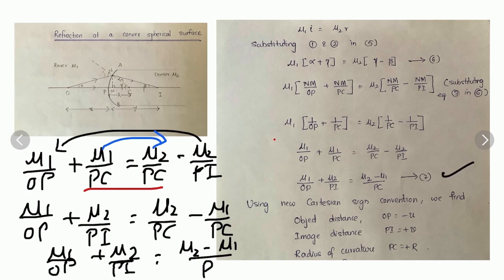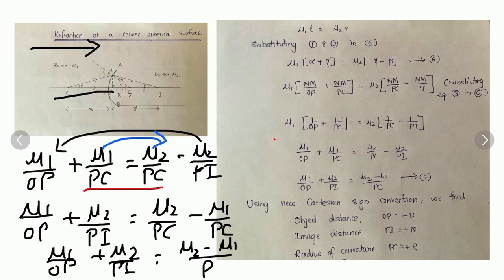Then applying the new Cartesian sign conventions, OP is opposite to the direction of the incident ray. The incident ray is from left to right, but we are measuring from the pole towards the left.